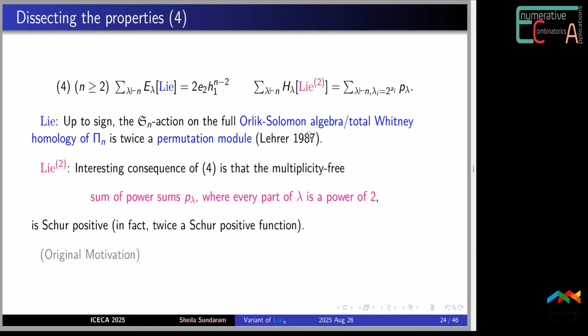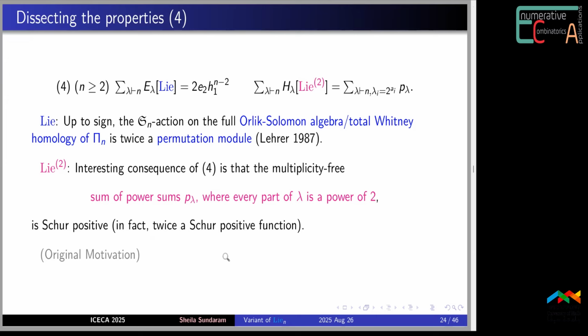So even though, as far as I know, there isn't a known context to put this in, there's an interesting consequence. It says that this multiplicity-free sum of power sums, where every part of lambda is a power of 2, is actually Schur positive because it's the Frobenius characteristic of a true module, the sum of higher Lie superscript 2 modules. And in fact, it's twice a Schur positive function, just like this one was.